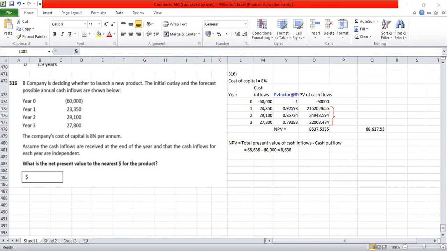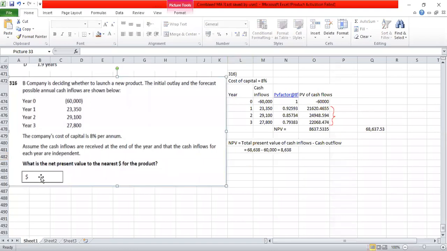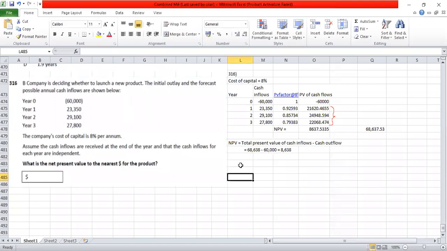So that's the concept here. So here we would have it as 8,638 positive. So accept the project. The decision will be accept the investment proposal.